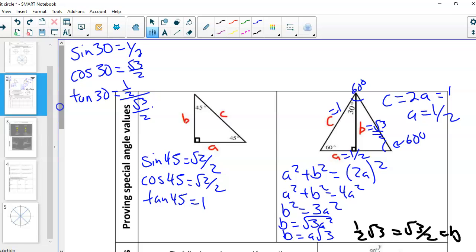Multiply by the reciprocal of the denominator. So the 2's cancel and you're left with 1 over √3. Can I leave that like that? No, we need to rationalize. So √3/3 is your tangent of 30.